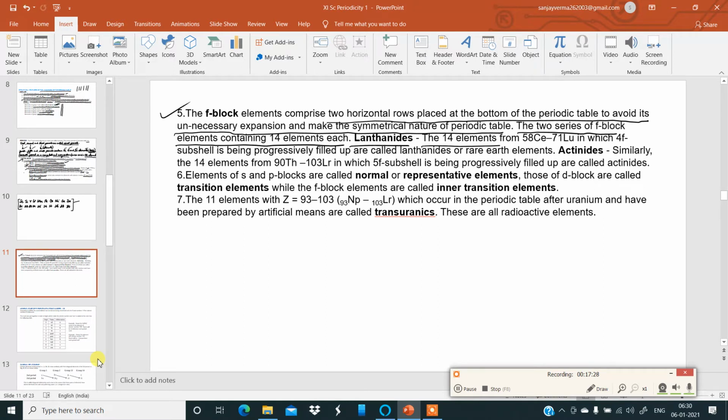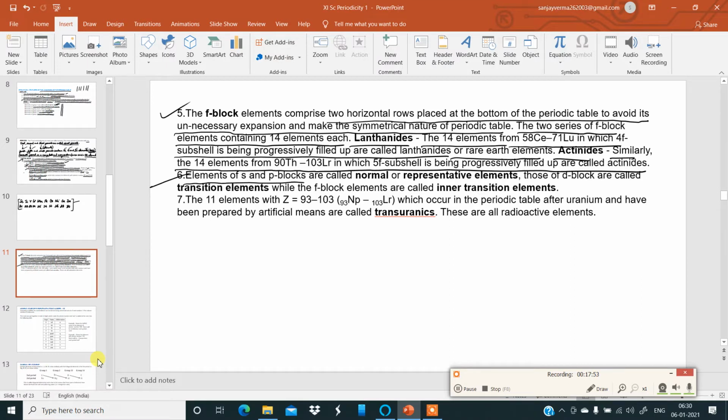Lanthanides: the 14 elements from 58 cerium to lutetium, in which the 4F subshell is being progressively filled up, are called lanthanides or rare earth elements. Actinides: similarly, the 14 elements from 90 thorium to 103 Lr, in which the 5F subshell is being progressively filled up, are called actinides.